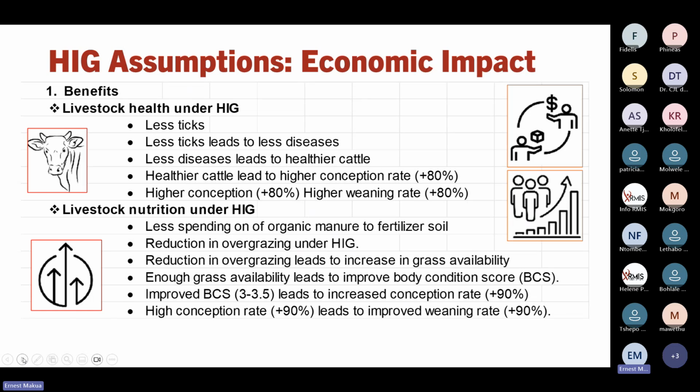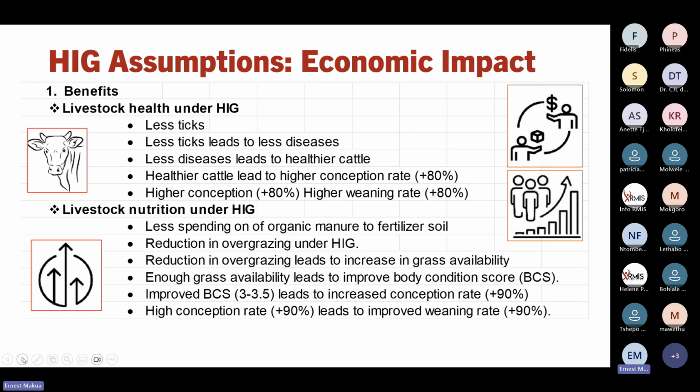The majority of the farmers we spoke to say you'll have fewer ticks, and fewer ticks lead to less disease. Less disease leads to healthier cattle, and healthier cattle lead to a higher conception rate, plus minus 80% according to them. A higher conception rate leads to a higher weaning rate, plus minus 80%. This is what we are looking for, according to the data that we collected.